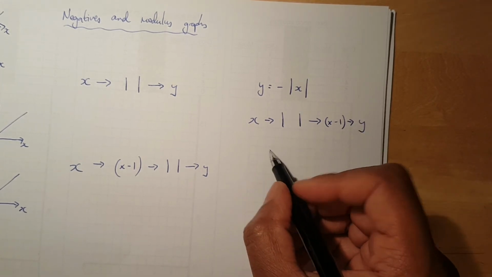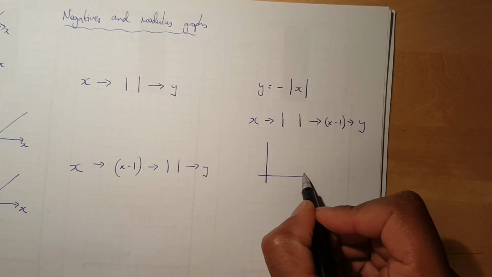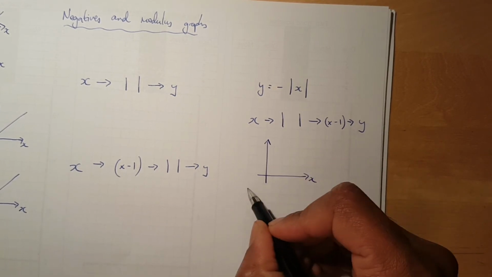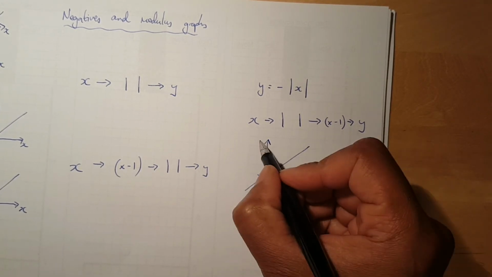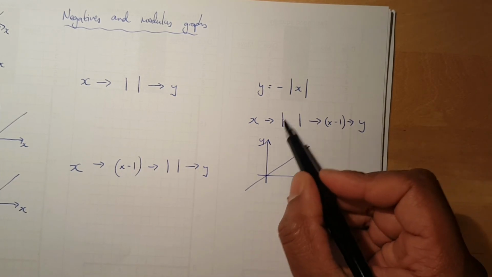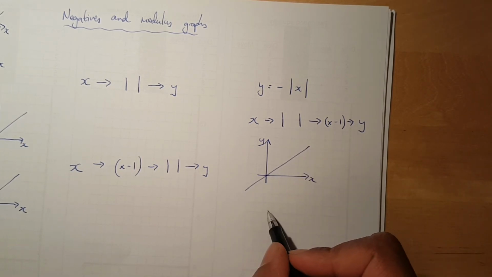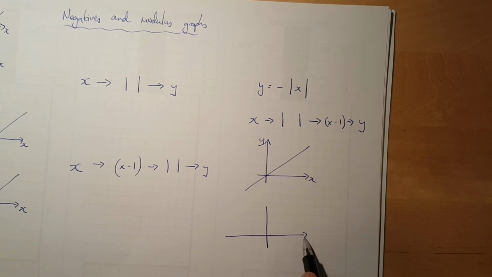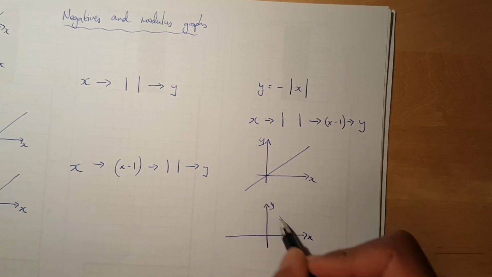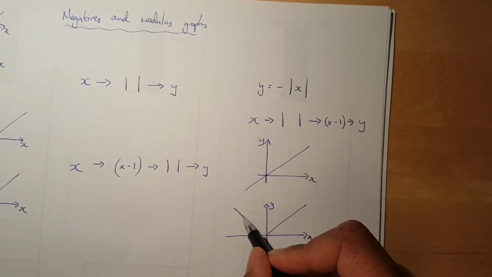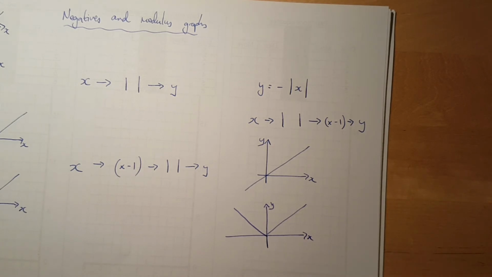So in that case, if I start with my y equals x graph that looks like this, there's y equals x. My first job is to take the modulus of it, which looks as what we had earlier. This way looks the same, and this way is the mirror image in the y-axis.